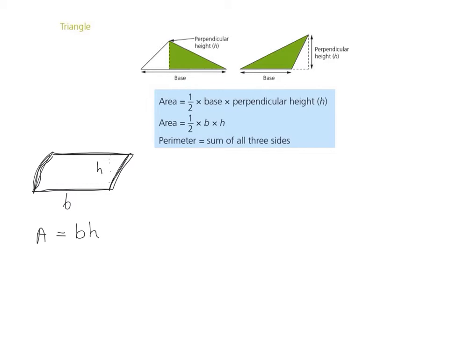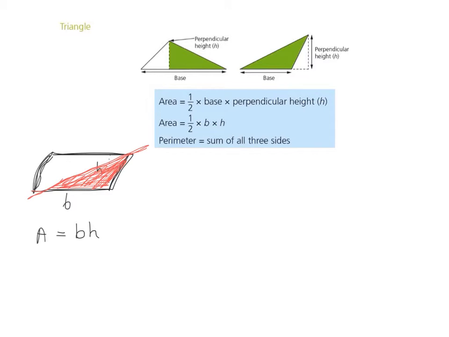Why in here, in triangle, we have 1/2? It's very simple. We can divide it into two exactly the same parts, and what we'll get? We'll get two triangles, exactly the same triangles, okay? That's why the formula for triangle is the same as the formula for the parallelogram, and divided by 2 or multiplied by 1/2, okay?